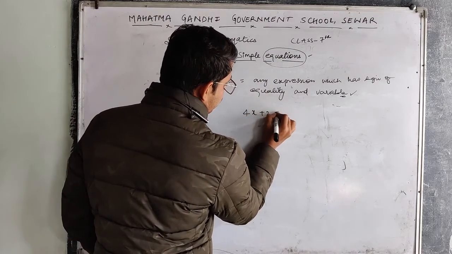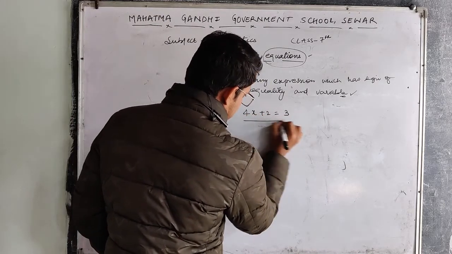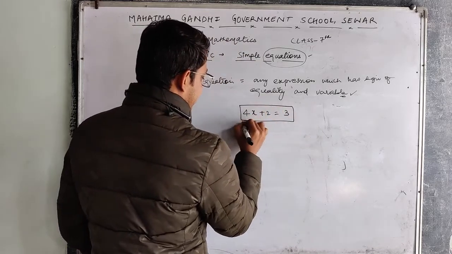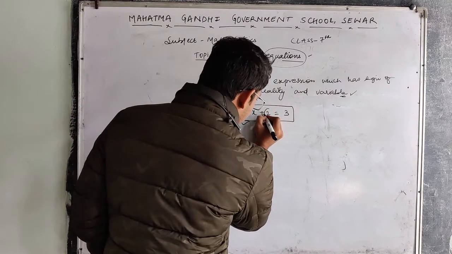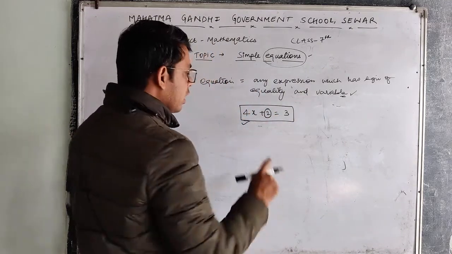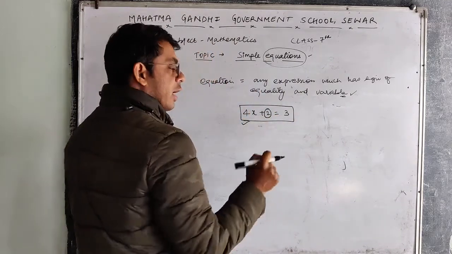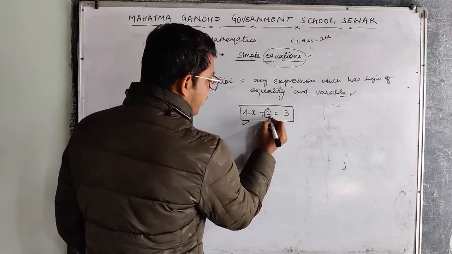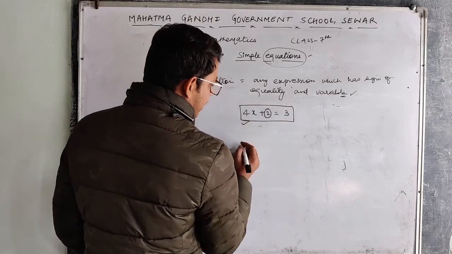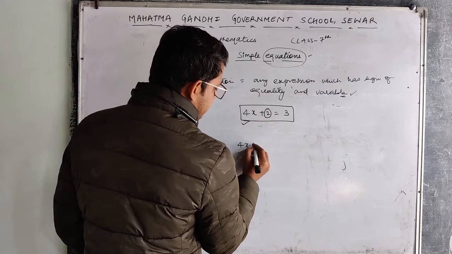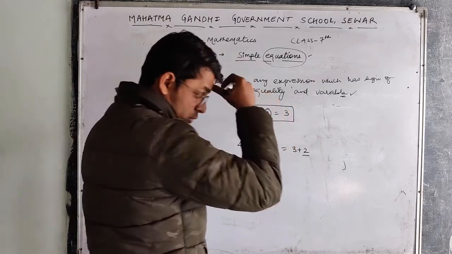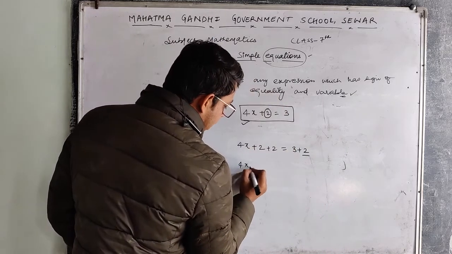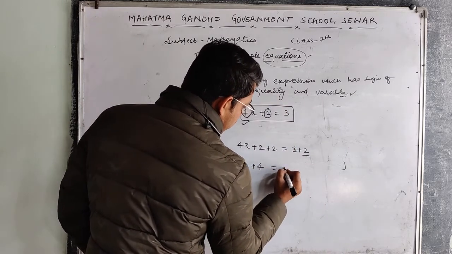4x plus 2 equal to 3. There are multiple ways. If I add 2 on both sides, what will happen? 4x plus 2 equal to 3 plus 2. 4x plus 4 equal to 5.